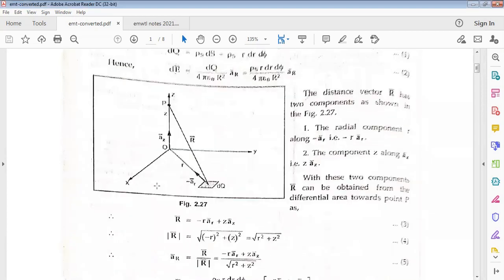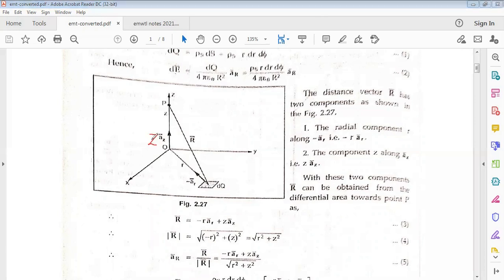Now, see in this figure, a small differential surface, and there the charge is dq, and ar bar in the negative direction, minus ar bar, because we take the point P on the z-axis, where we can find out the electric field intensity E bar. So this is a right angle triangle, and you can find the distance R bar. The AR bar component is there and the AZ bar component also. So what are the points we get?